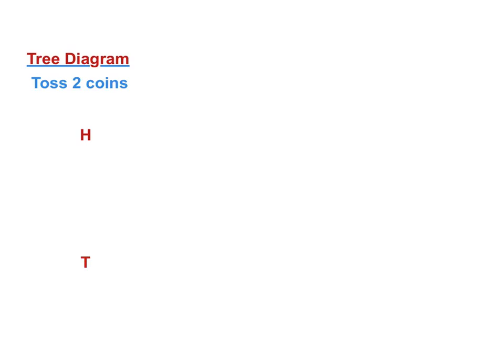Now the second toss for heads, that coin still has 2 possibilities. So from that first head, there are 2 possibilities, and the same thing from the tails. From the first tail, there are 2 possibilities. What I do is I split those off that way.